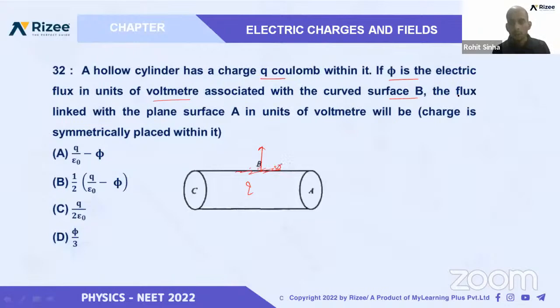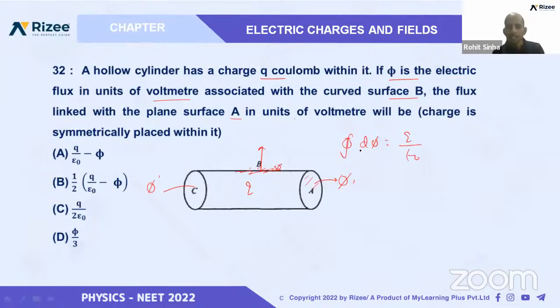Now it is also asking how much flux will be linked with surface A. Let us assume for this surface it is phi dash, and for this it will be phi dash. So the total flux by Gauss law, we know that the closed integral of flux is equal to Q by epsilon naught.